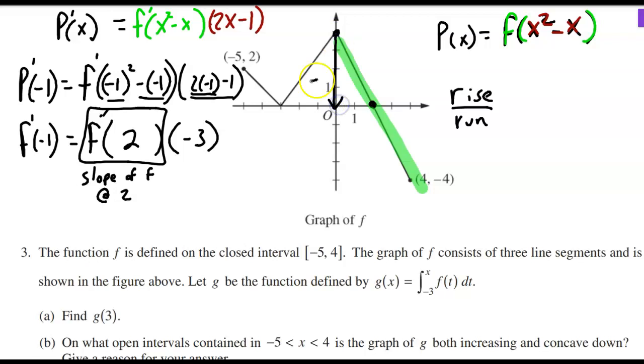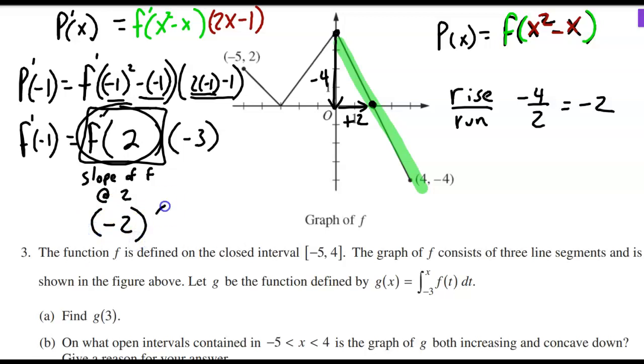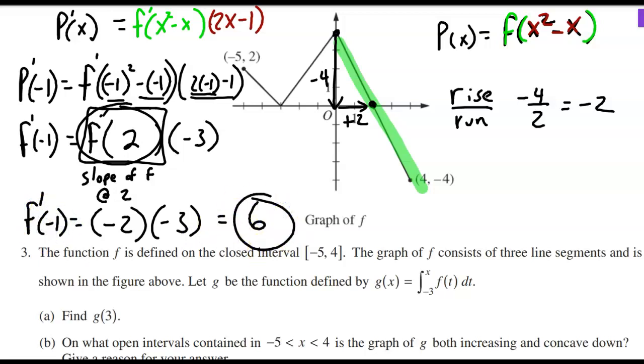It goes down 4, so that's negative. Find your run. It goes right 2, so that's positive. So rise over run would be negative 4 over 2, which is negative 2. So f prime of 2, the slope of f at 2, is negative 2. And then we still have the negative 3 that we're multiplying there. And so the final answer there would be 6 is our answer.